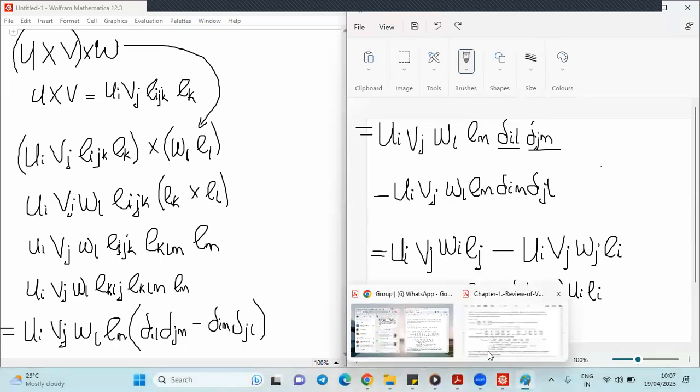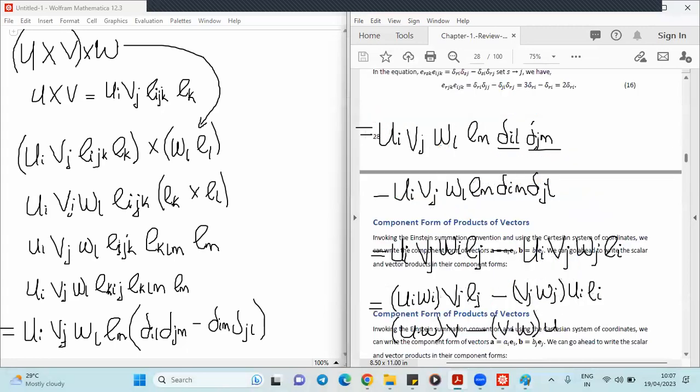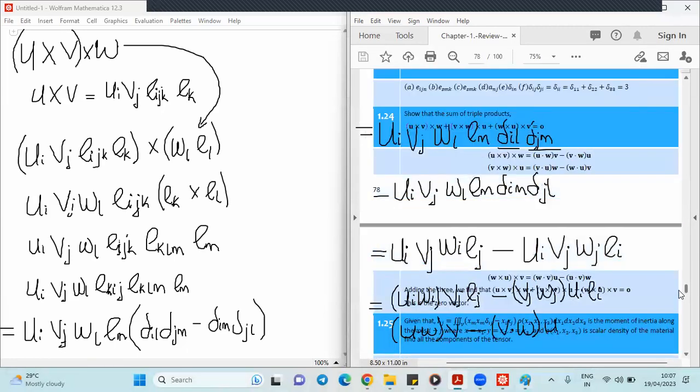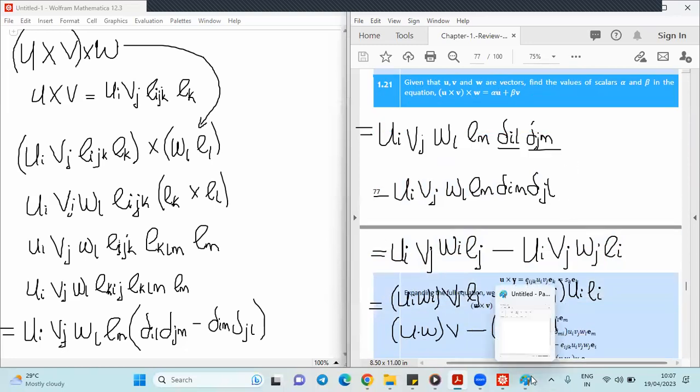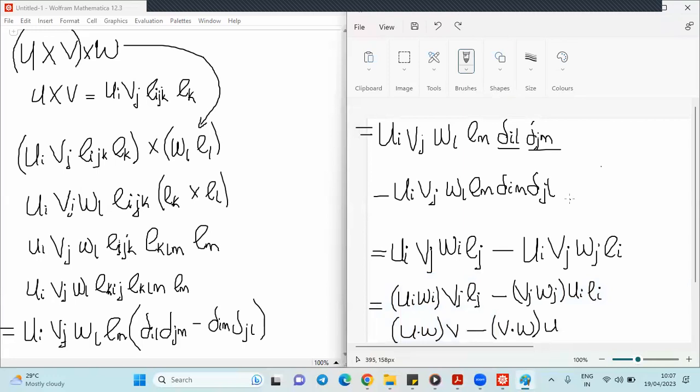Let me move back to the chapter 1 document. We're on question 1.21. Actually, 1 hour has elapsed since we started this class, and I just wanted to know whether we're still interested in the coding session.